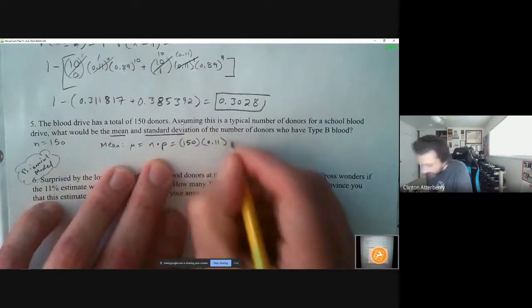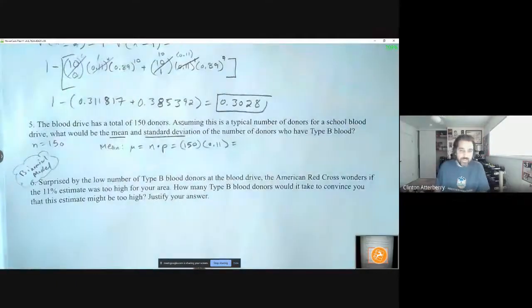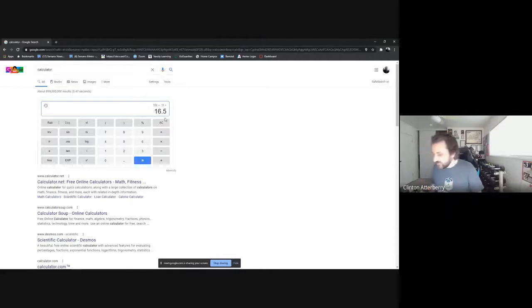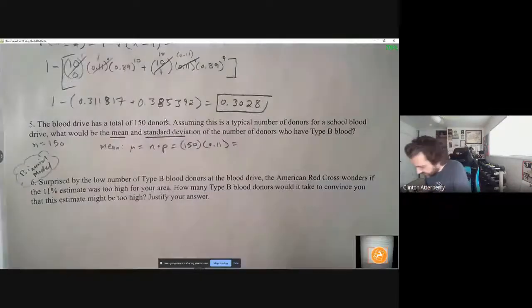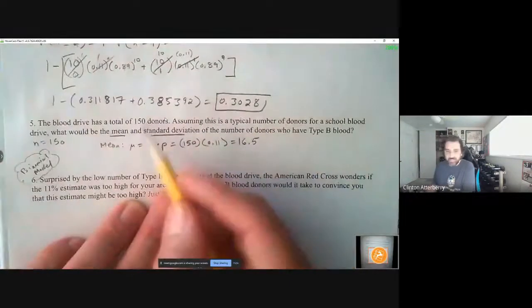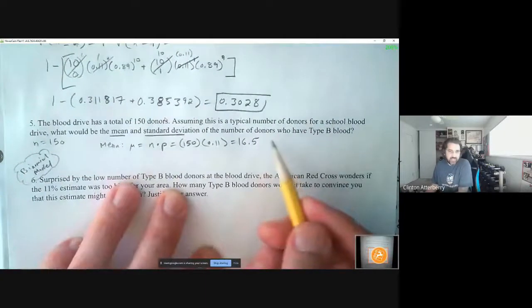My mean is going to equal 150 times 0.11, and I get 16.5. We can just say 16.5. So out of 150 donors, we would expect 16 and a half, so basically around 16 or 17.